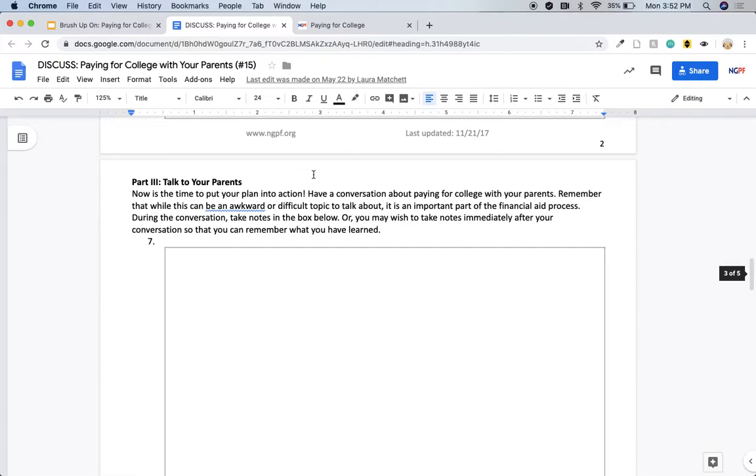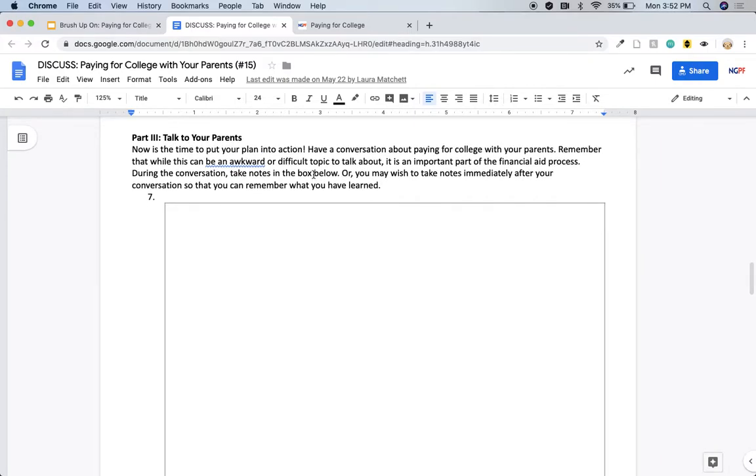So they create their action plan, and then they actually talk to their parents and write down any notes that they want to remember from the conversation. Now, up until this point, the activity is really optional for students to turn in, because we know that this can be a really personal conversation, and they may not want to submit what they've been writing down so far.